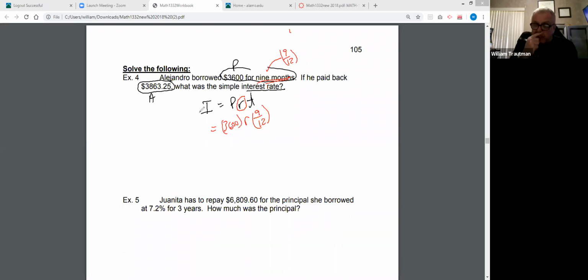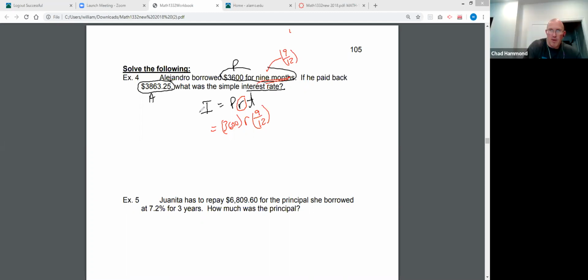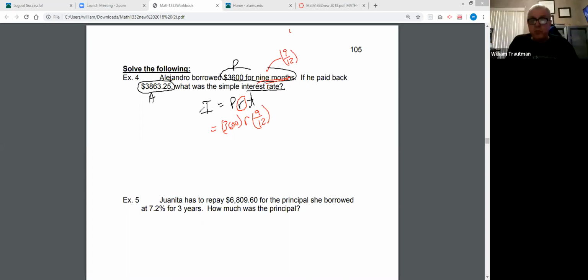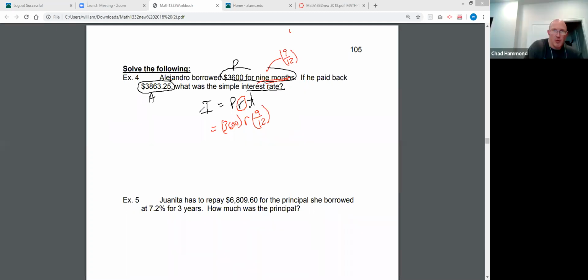And can somebody tell me what the interest is? $3,863.25. No, that's the total amount, if I'm correct. That's the final amount you have to pay back. When you pay something back, you pay the principal and the interest.